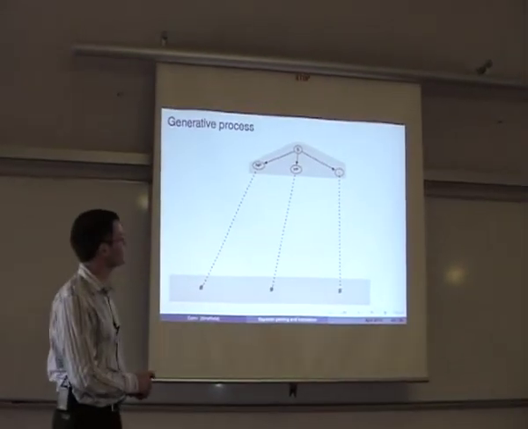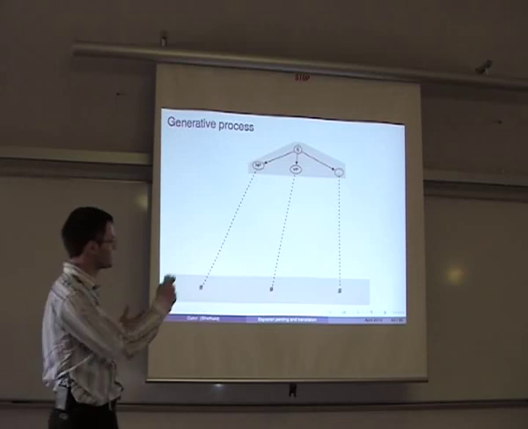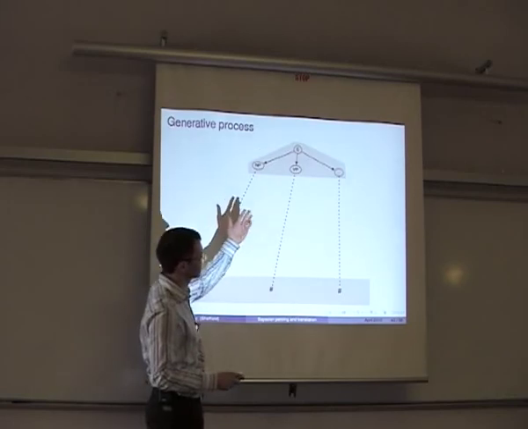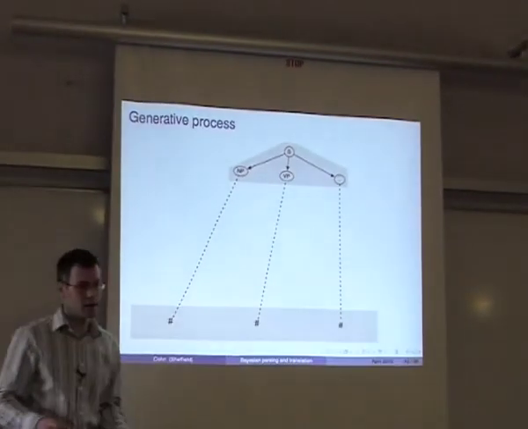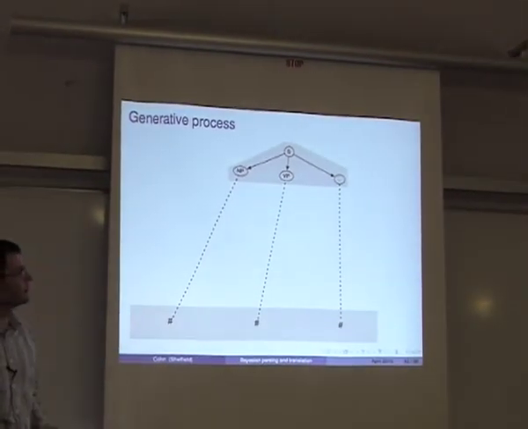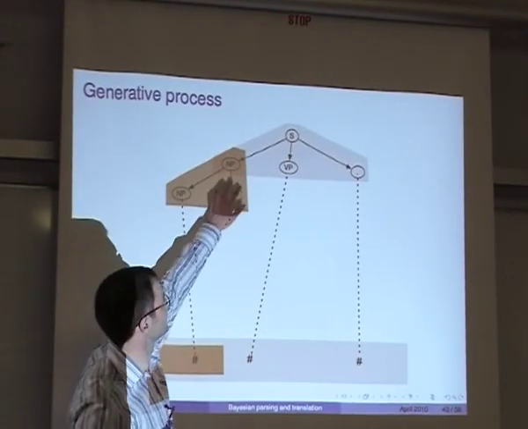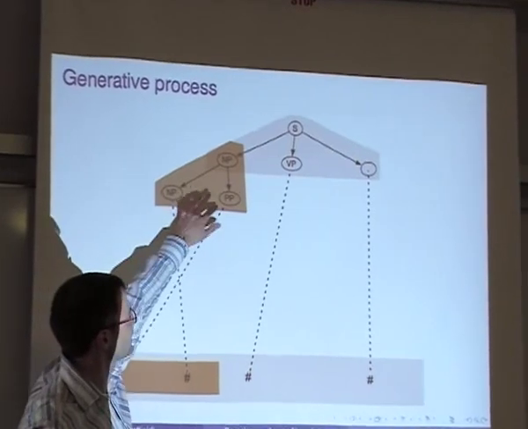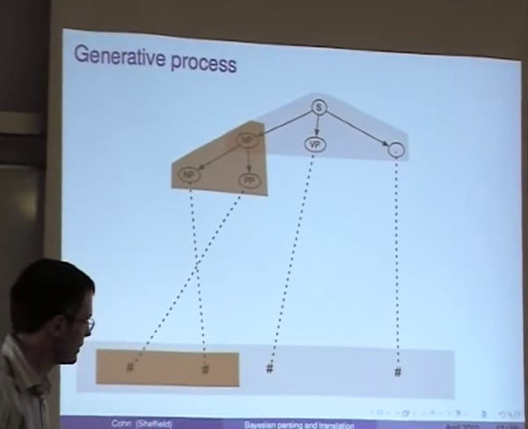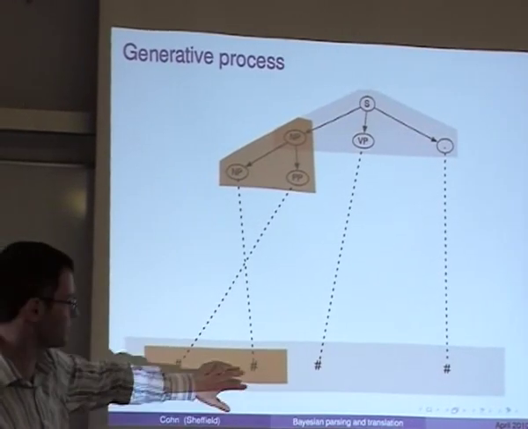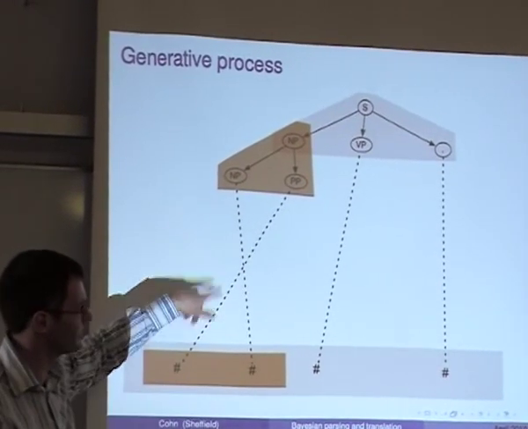I'll just go through what the generative process looks like for creating a pair of a tree and a string. So we start off with the S symbol, and we decide to rewrite it as three things, a noun phrase, a verb phrase, and a full stop. Then we decide to rewrite this noun phrase with an expansion, noun phrase and preposition phrase. This rule has a reordering of the variables, so we insert this in here, and we have the alignment.